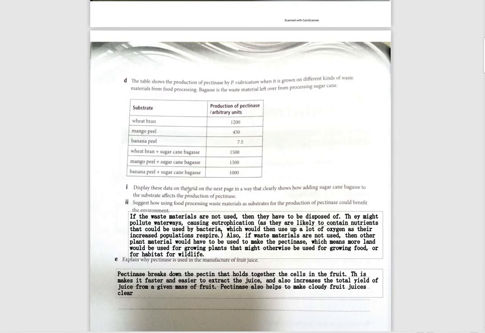Over here, they didn't really specify what grid you have to draw. But looking at the table, they've given you the substrate and the production of pectinase. You may commonly think that we have to draw a line graph, because they usually ask that in paper 6, so we definitely have to draw a line graph.